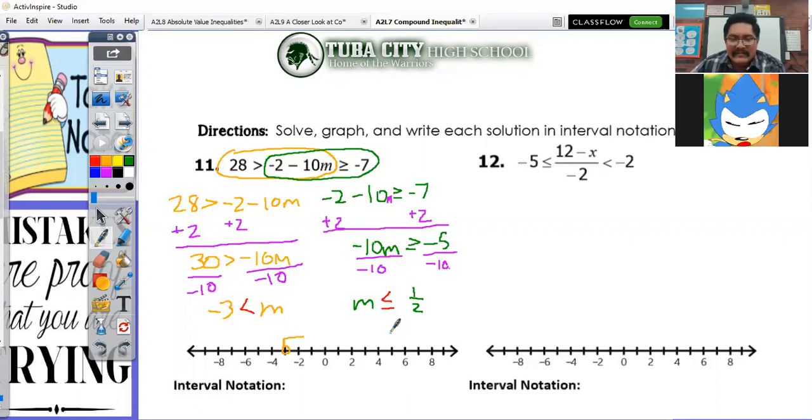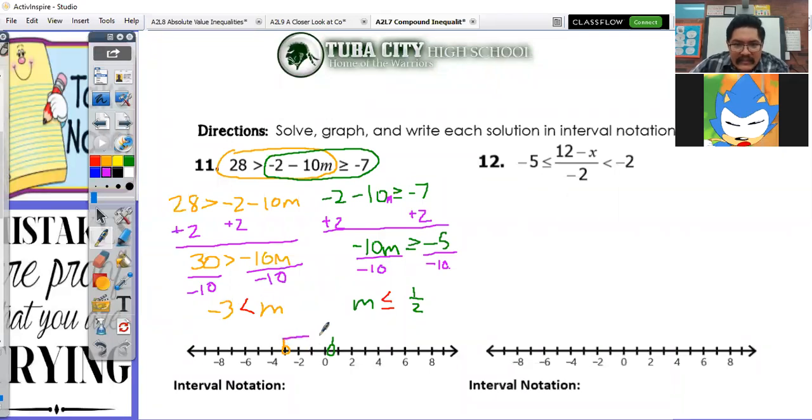That would cancel the m and move to the other side, which we don't want. But that was a small mistake, had very little impact on anything. So moving over here, I have m is less than 1/2, so mark out 1/2. So 1 is right here. So 1/2 is between 0 and 1, and we're going to mark it here.